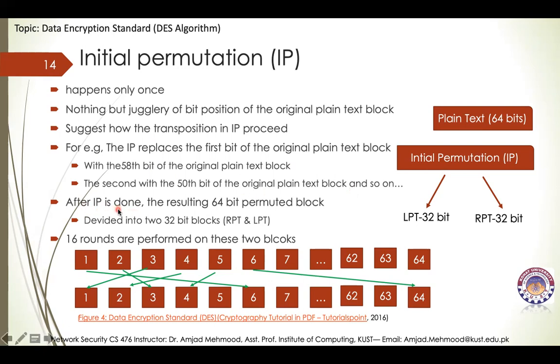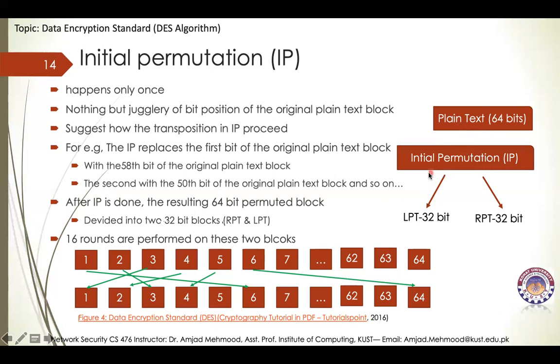After the initial permutation is done, the resulting 64-bit permuted block is divided into two 32-bit blocks, which you may call right plain text and left plain text. So you can see here that we have passed a 64-bit plain text, and it reaches the initial permutation.